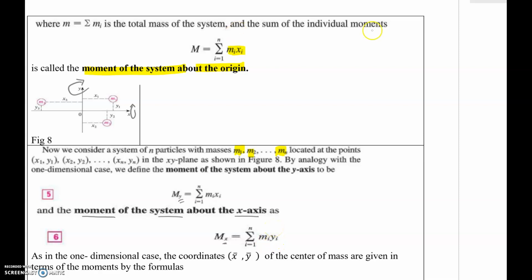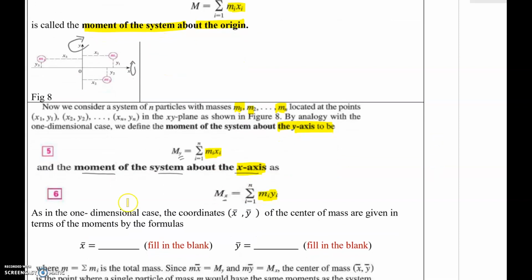So the moment of the system about the x-axis is sigma mi yi, and the moment about the y-axis is sigma mi xi. As in the one-dimensional case, the coordinates x bar, y bar of the center of mass are given in terms of these moments.